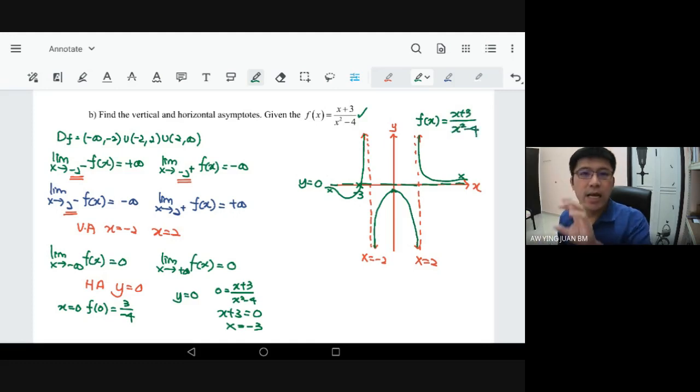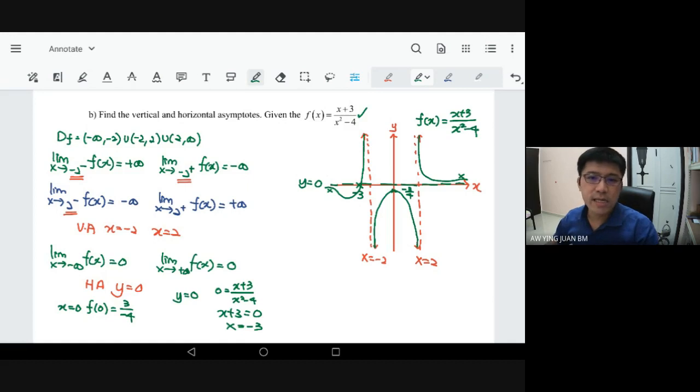So, ingat, graph punya nama perlu tulis, x, y axis perlu tulis, dia punya intercept pun tulis, iaitu negative 3 over 4. So, kalau sini negative 3. Okay? So, x, y intercept, asymptote semua kena tulis. Begitulah ya, kita guna konsep limits untuk bantu kita sketch the graph.